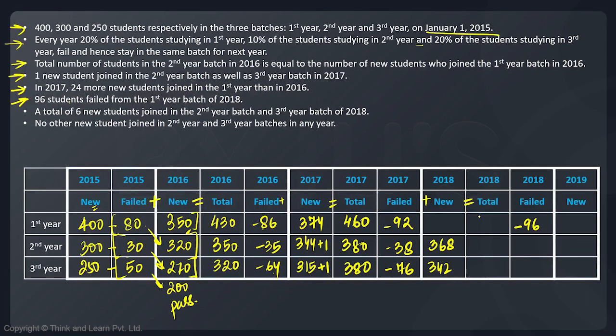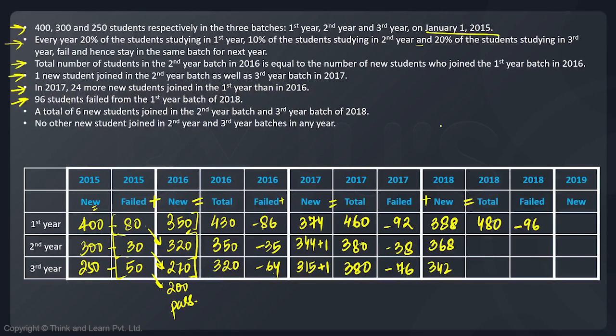So we need to have a total of 480 kids. If we want 480 kids and if 460 students were there in first year, 92 failed. So what value should we add so that we will have a total of 480 kids here? So we should have 388, right?